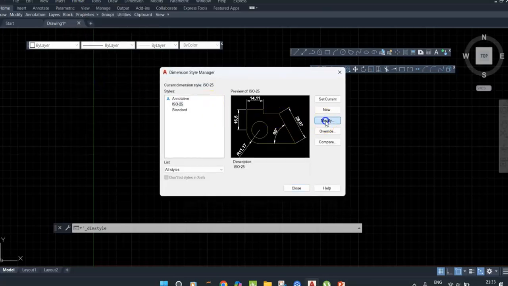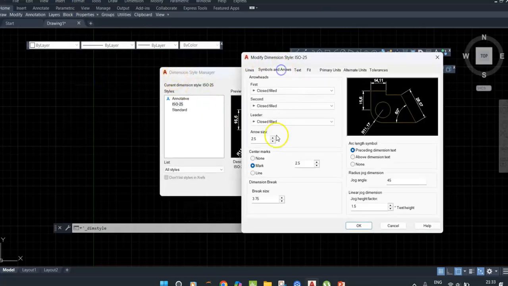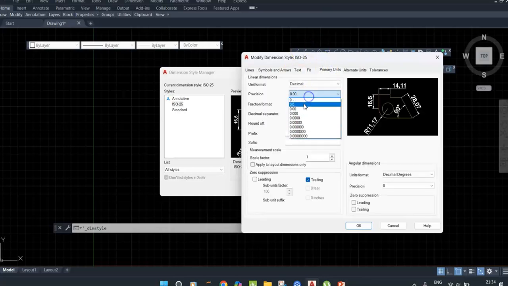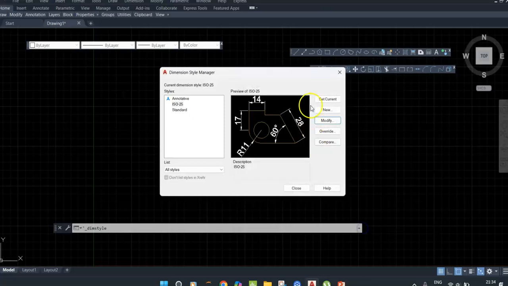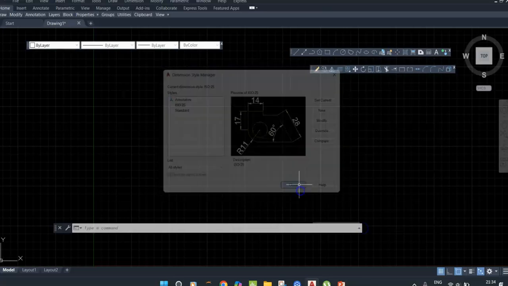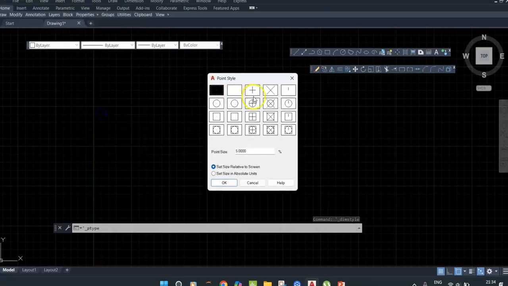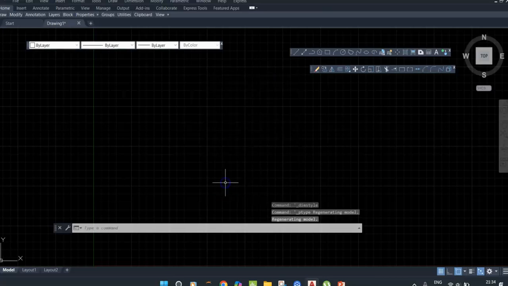Dimension style, modify, symbols and arrows, arrow size 3, text height 5, primary units 0, OK, set current, close. Next one is format, point style. Click on the appropriate point style, point size 3, OK.